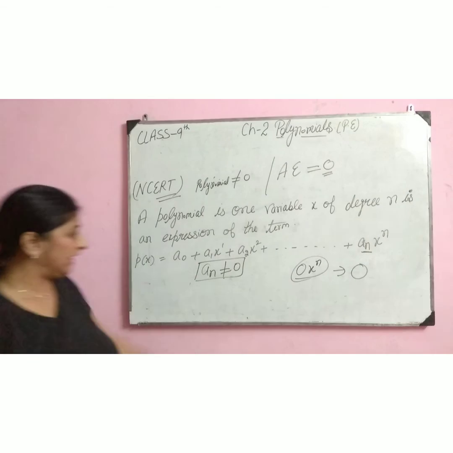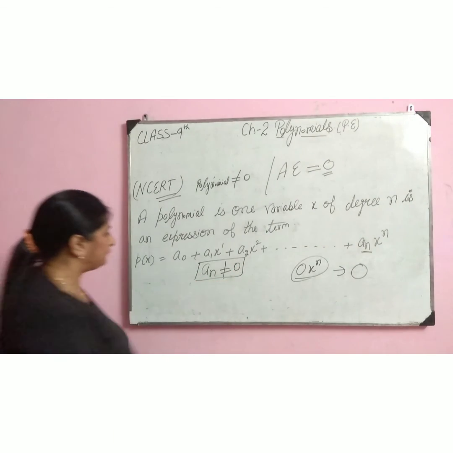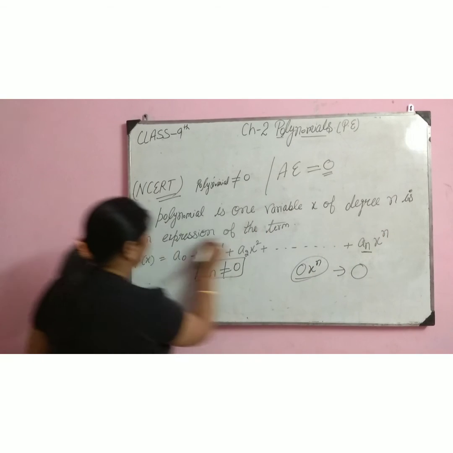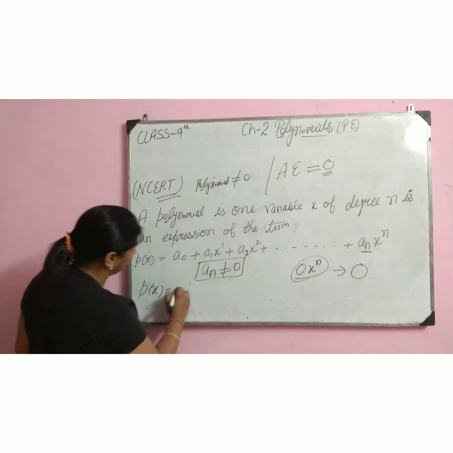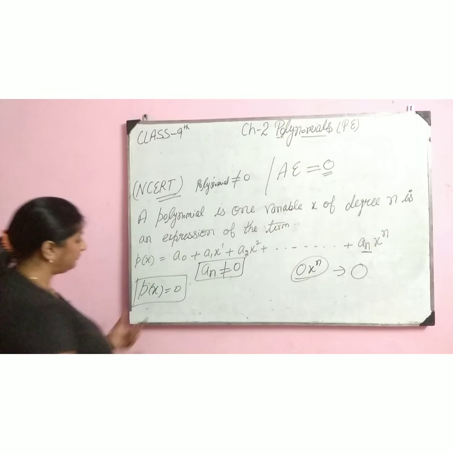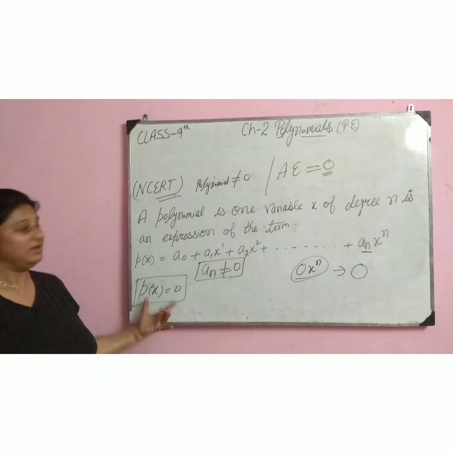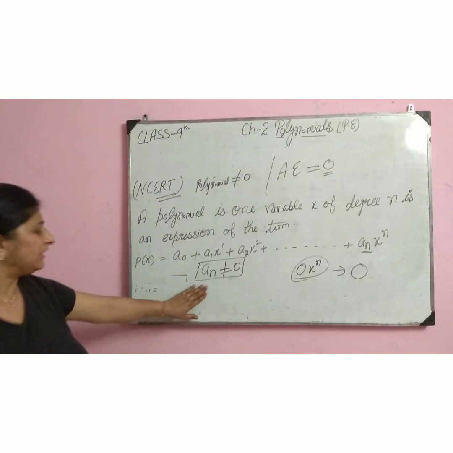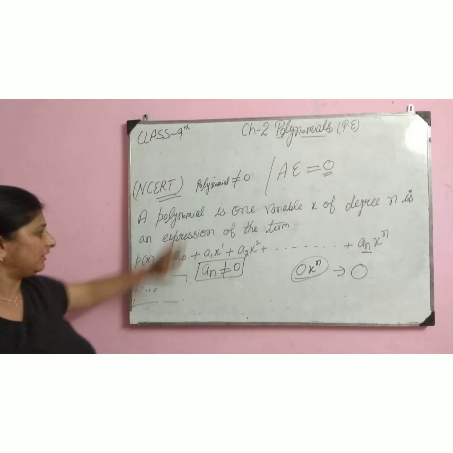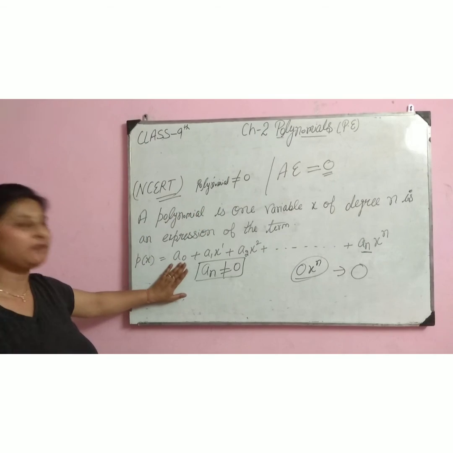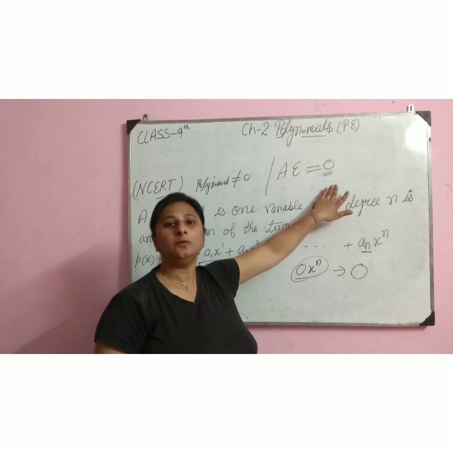That's why I wrote here that an is not equal to 0. If this number is 0, it means the whole equation becomes 0, so p(x) equals 0. So this is not a polynomial. This is called an algebraic expression. That's why I am telling you that an is not equal to 0. According to the polynomial equation, it never equals 0, but an algebraic expression can equal 0.